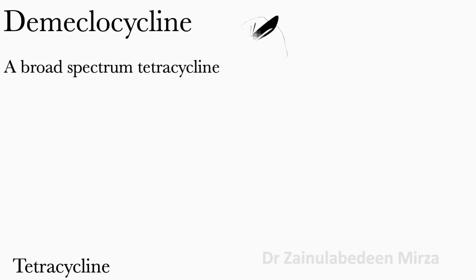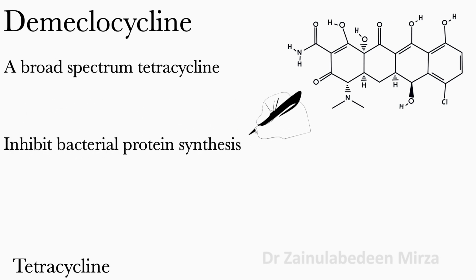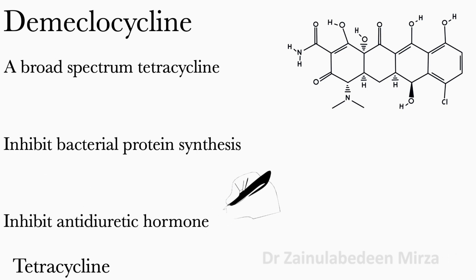Demeclocycline is a broad-spectrum tetracycline antibiotic that inhibits bacterial protein synthesis by binding to ribosomal receptor sites. Demeclocycline also inhibits antidiuretic hormone, induces water reabsorption, and demeclocycline is bactericidal.